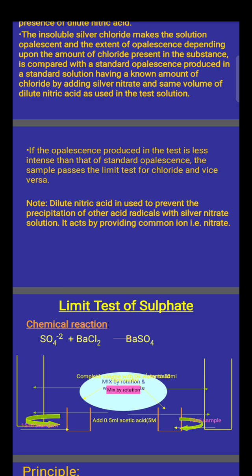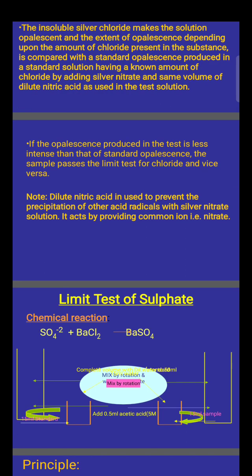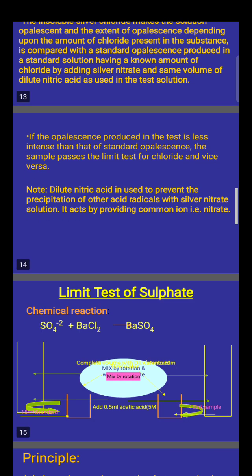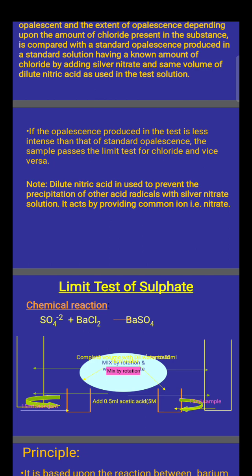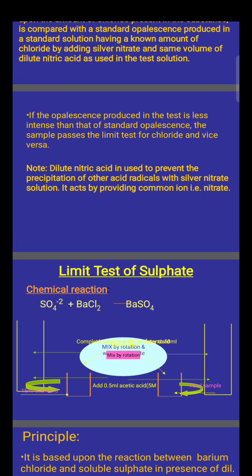If the impurities present in the test sample are less than those of the standard, then of course the sample complies with the limit test. But if, as compared to the standard limit test of chloride, the test shows a greater amount of opalescence or greater impurity, then it means that the test does not comply, the sample is not pure, so it is not used for further process.